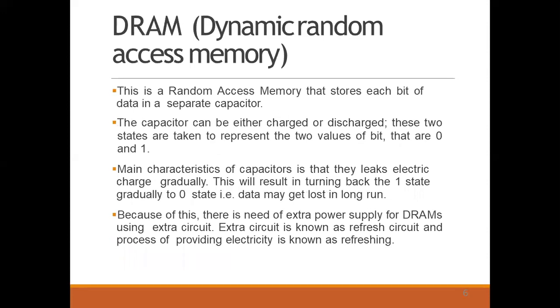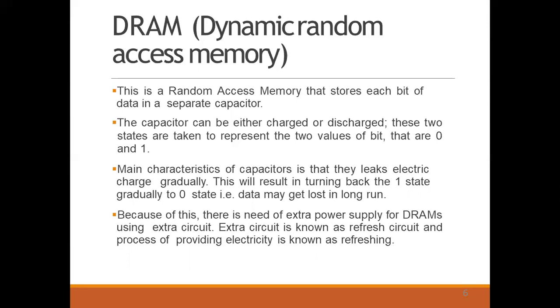Now what is a DRAM? It's a kind of RAM that stores each bit of data in a separate capacitor, and the capacitor can either be charged or not. These two states can be represented by either 0 or 1, meaning binary numbers. The main characteristic of capacitors is that they leak electric charge gradually.